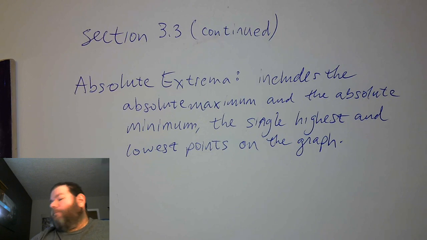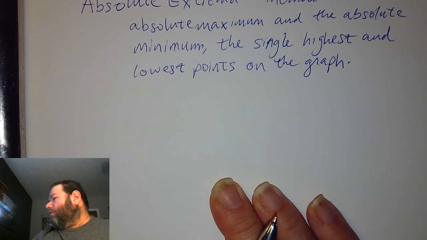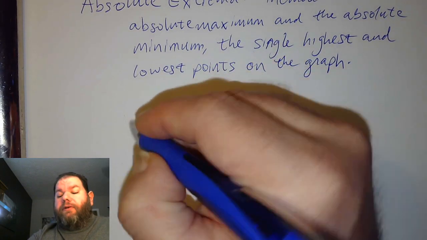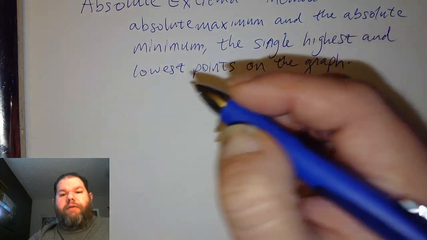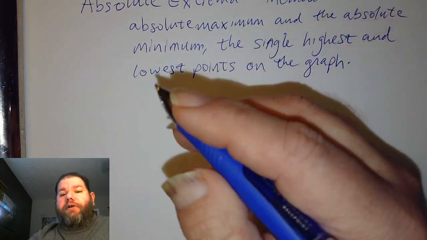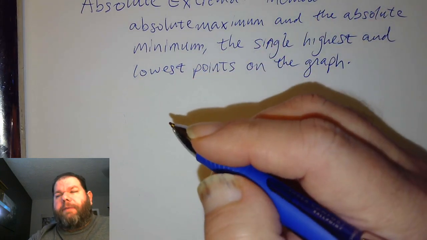So the absolute maximum is the single point that's higher on the graph than all others, and the absolute minimum is the lowest point on the graph, lower than all others. So let's look at some examples, just graphically. This has a very graphical aspect.